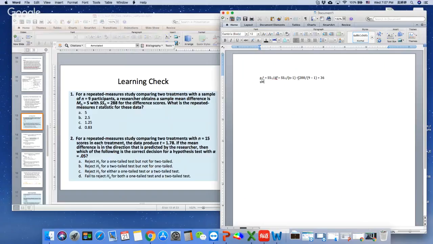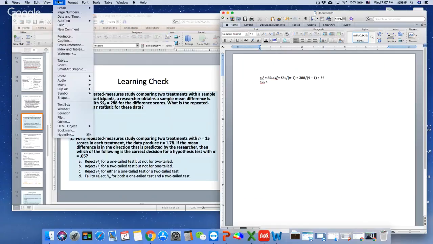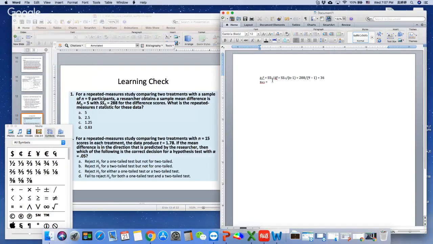And then we know the SMD, which means the standard error of the MD, equals the square root of SD squared divided by n.